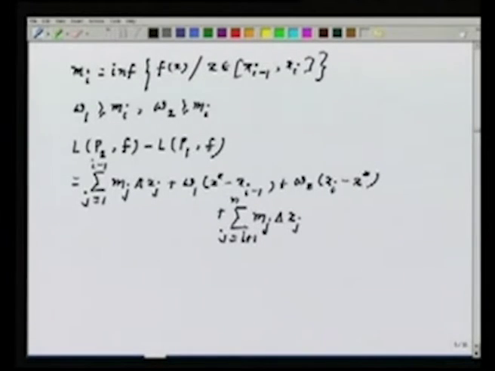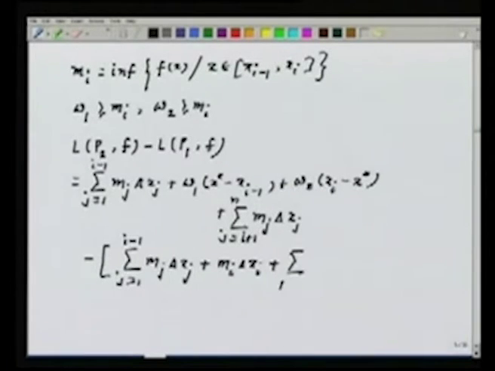Okay, this is LP2F. Now comes minus LP1F, that is summation j from 1 to i minus 1 mj delta xj plus mi delta xi plus summation j from i plus 1 to n mj delta xj.